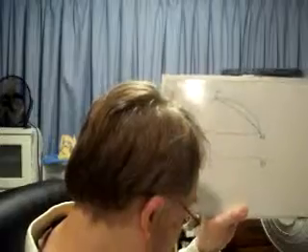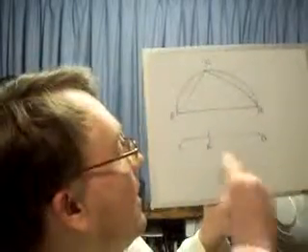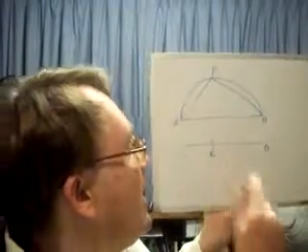Let there be described on AB the semicircle AFB. So now we've drawn AFB. Let it be contrived that as DC is to CE, so is the square on BA to the square on AF.